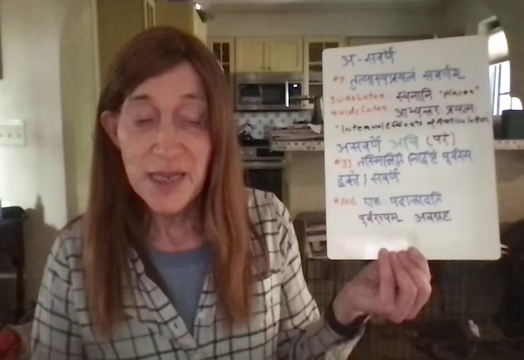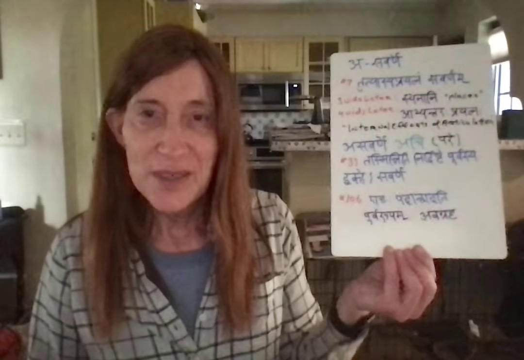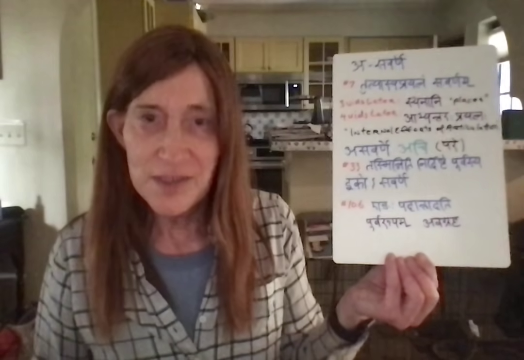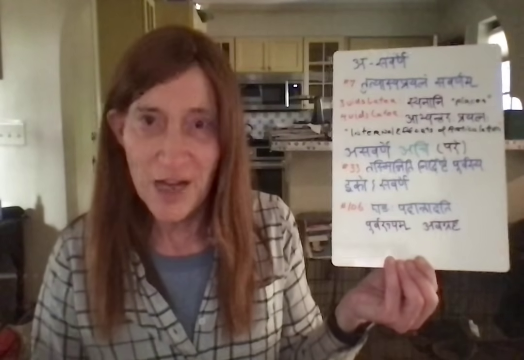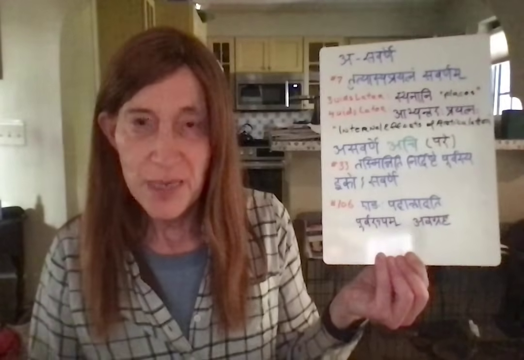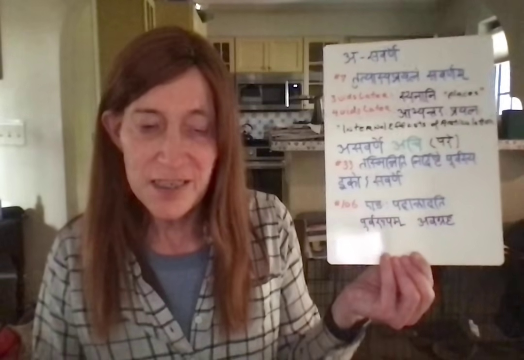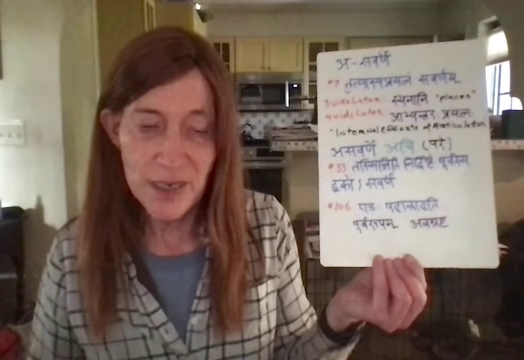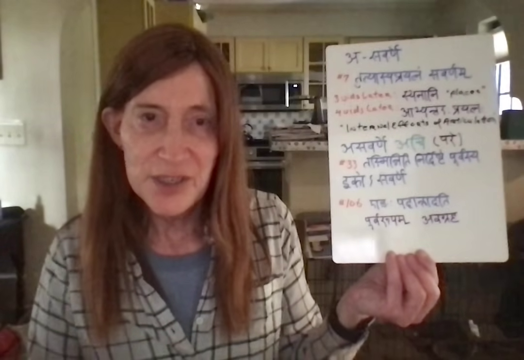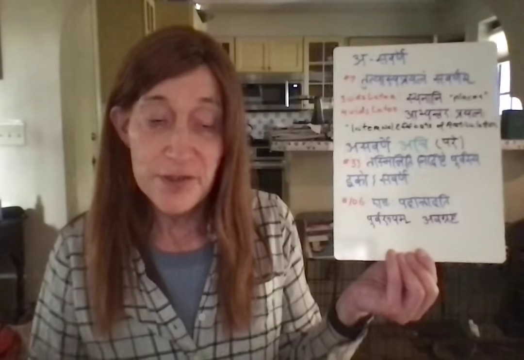So we often say, asavarne achi pare, when a non-savarna vowel follows. Asavarne achi pare. And this is thanks to a sutra we've discussed, Tasmin niti nirdishte purvasya. That's sutra video number 33.